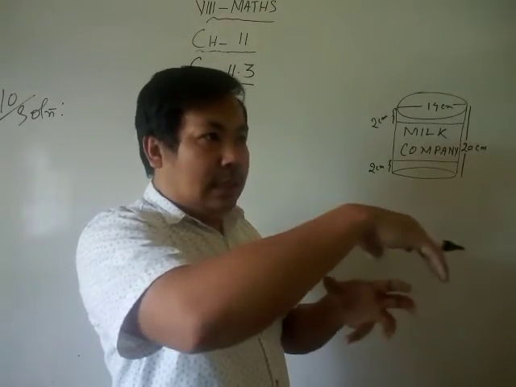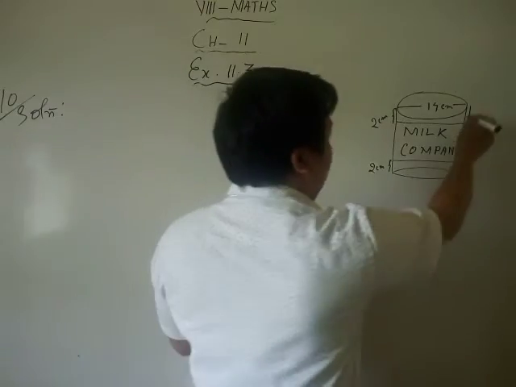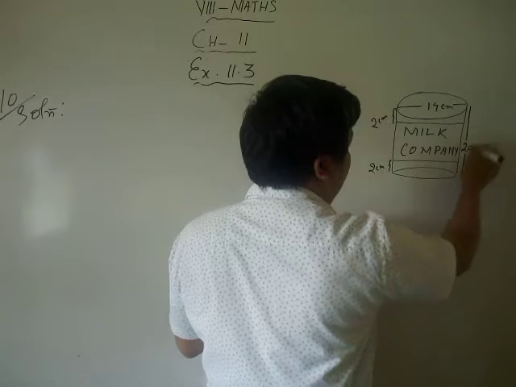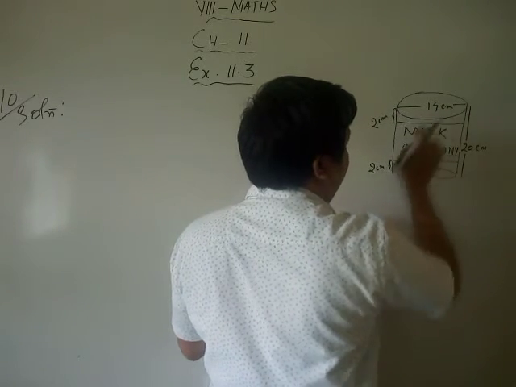The lateral part is cylindrical. The can is a cylinder, and it says that the total height of the can is 20 centimeter, and the diameter is 14 centimeter.